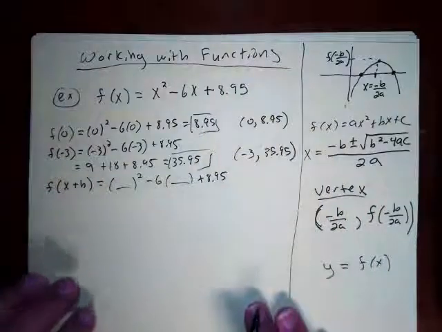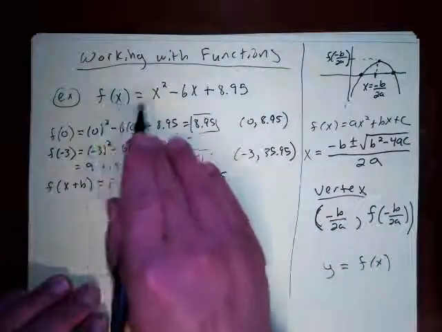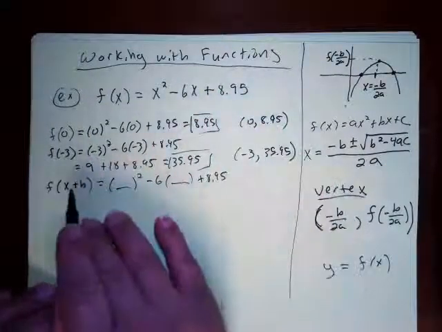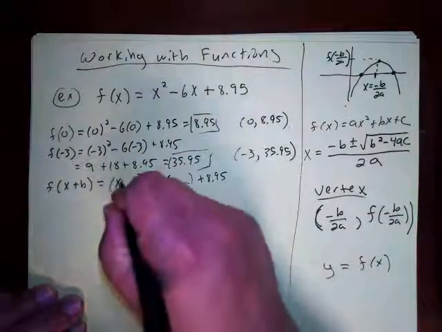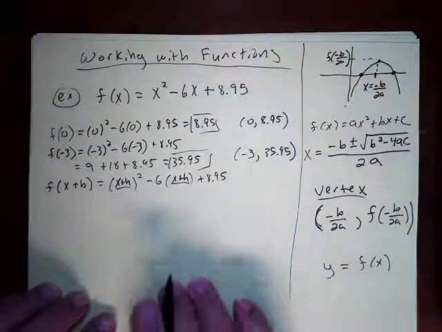And what I'm putting in for x, this is f of x, and if you put x in for x, you would just get that same equation out. But what I'm going to put in for x here is x plus h. So I'd get x plus h here, x plus h there, right?